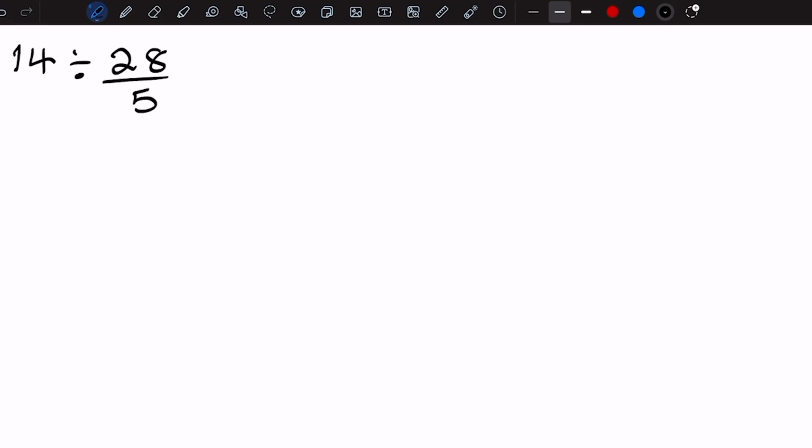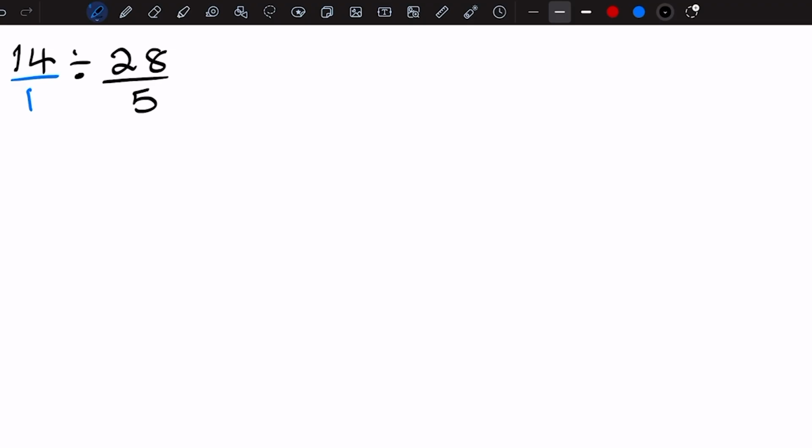If you remember from all of our previous videos, whenever you're given a whole number and you're working with fractions, whether multiplying, adding, or subtracting, the first thing you want to do is turn your whole number into a fraction. To turn any whole number into a fraction, just put it over 1.